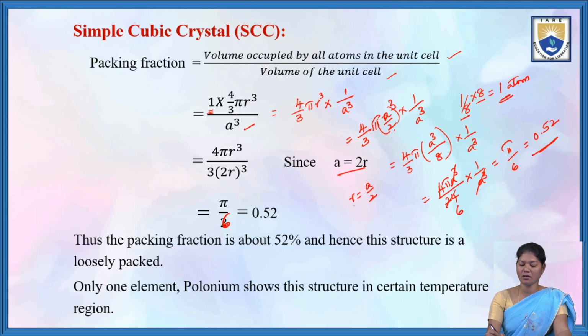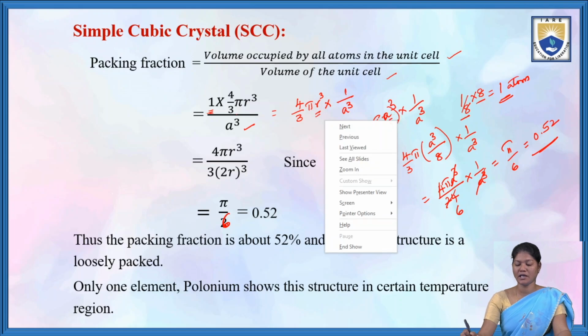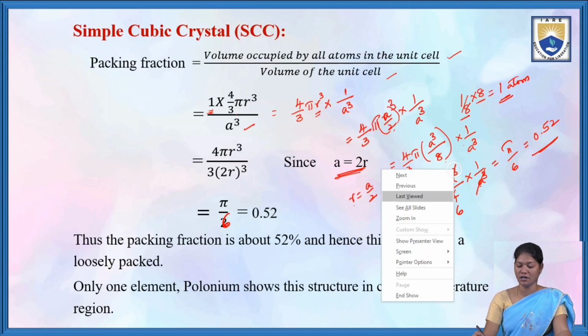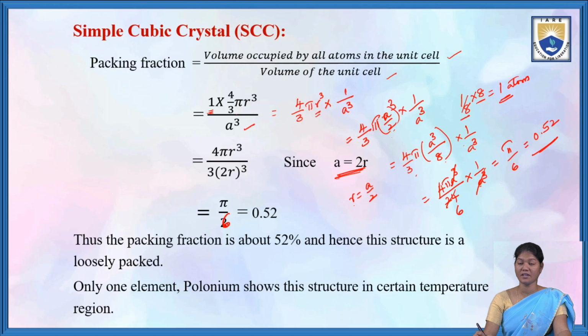Since a is equal to 2r, r is equal to a by 2, so instead of r we substitute a by 2. So it is 4 pi by 3 into a cube by 8 into 1 by a cube. The a cube gets cancelled, and 4 ones are 4, 4 sixes are 24, so it is equal to pi by 6, which is 0.52.